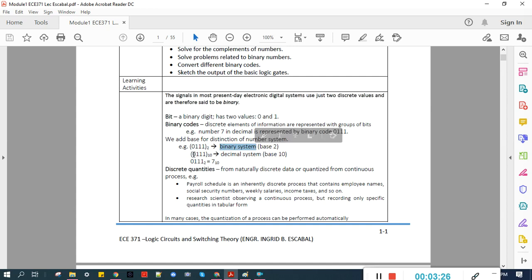And then here, 0111 to the base 10, we add the subscript 10 to indicate that this number is in the decimal system or base 10.